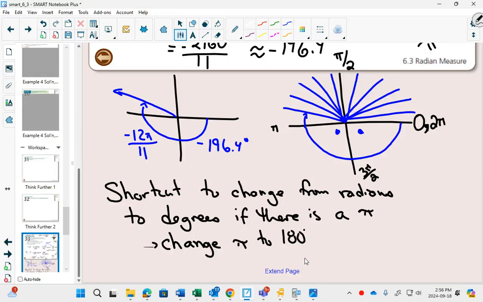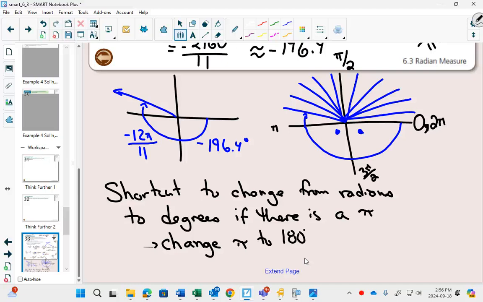Since pi radians is equal to 180 degrees. But you're going to find yourself doing what I almost did there. I almost said, since pi is equal to 180 degrees, that is not true. Pi radians is equal to 180 degrees, but pi is not equal to 180 degrees.